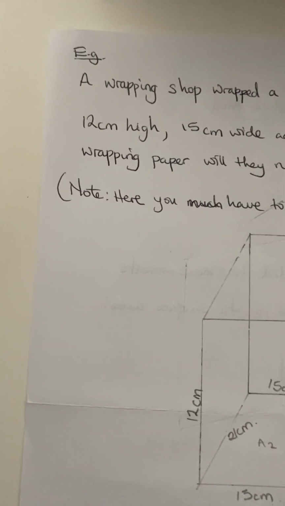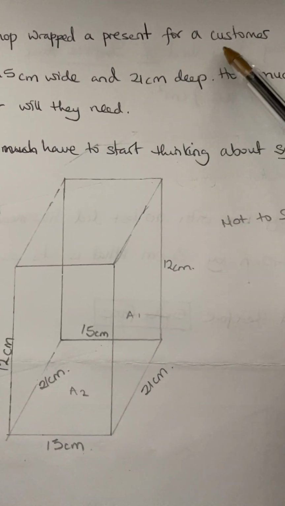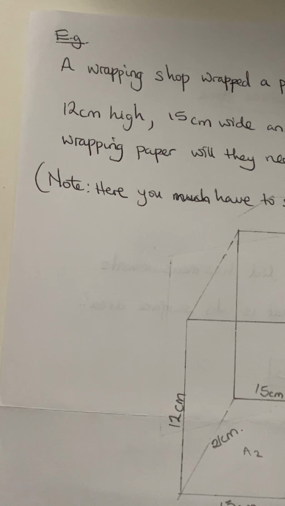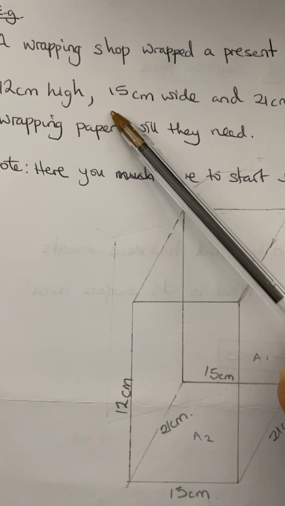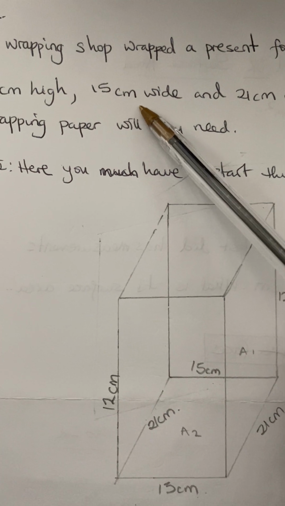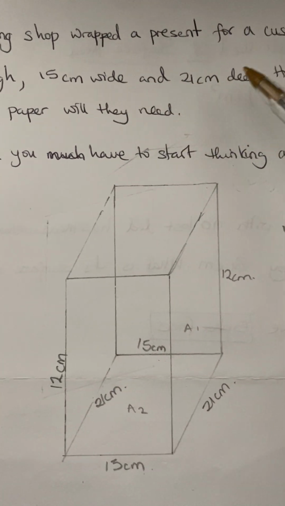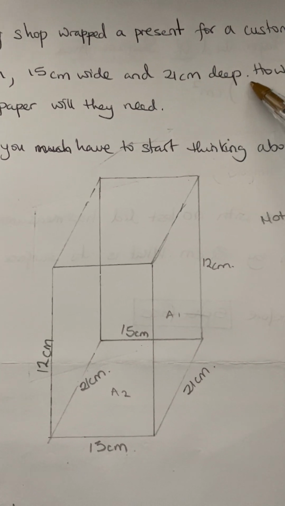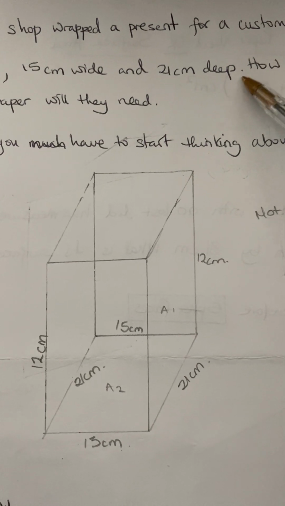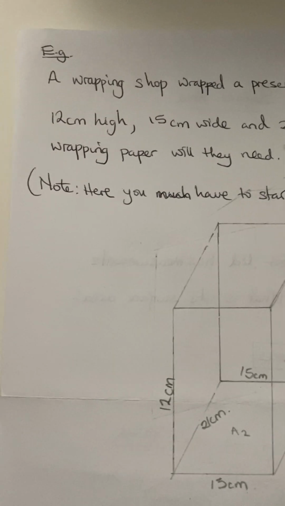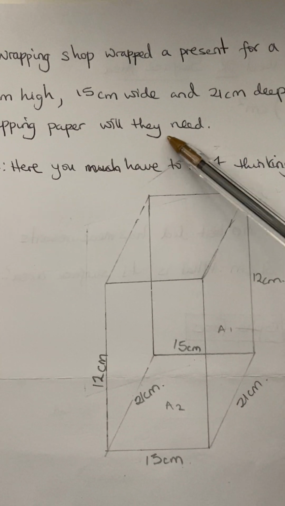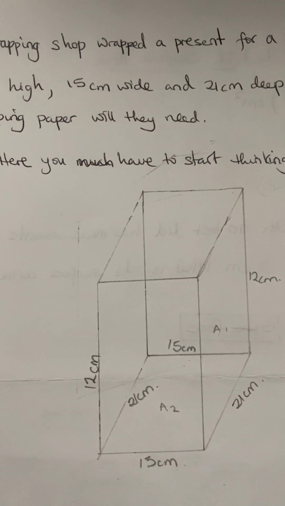The present that the wrapping shop wrapped is 12 centimeters high, 50 centimeters wide, and 21 centimeters deep. So they've given you the 3 sizes. How much wrapping paper would they need?